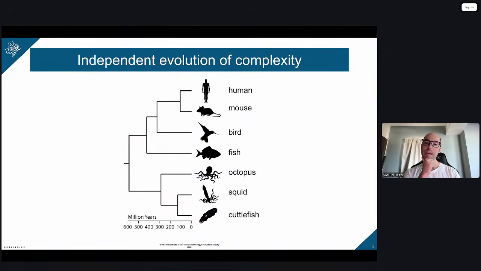Evolutionarily, these animals, the cephalopods, diverged from our own vertebrate lineage about 550 million years ago. So this means our common ancestor was a small marine worm that didn't have much in terms of a brain or complex behaviors. Therefore, the complex brains and behaviors of cephalopods and of vertebrates like ourselves are largely independently evolved.